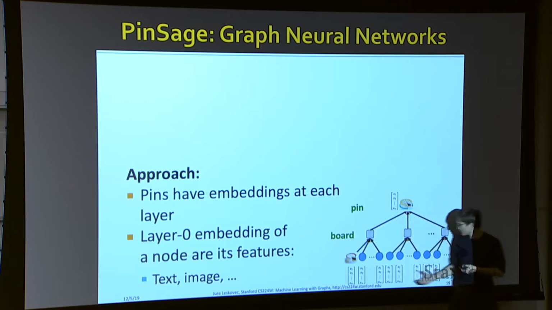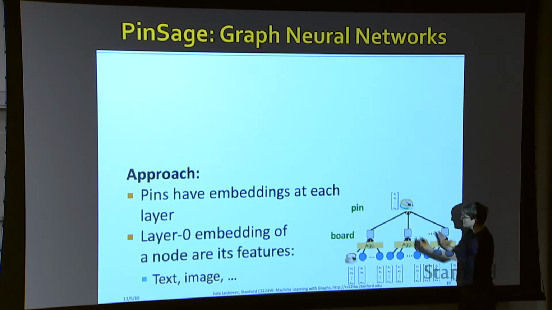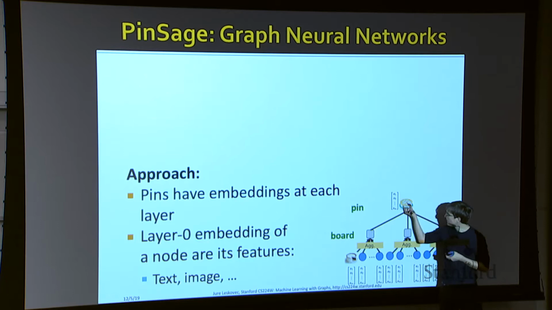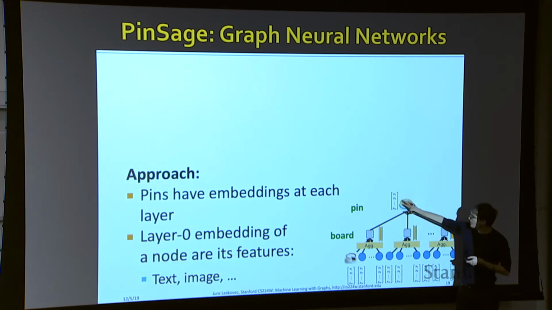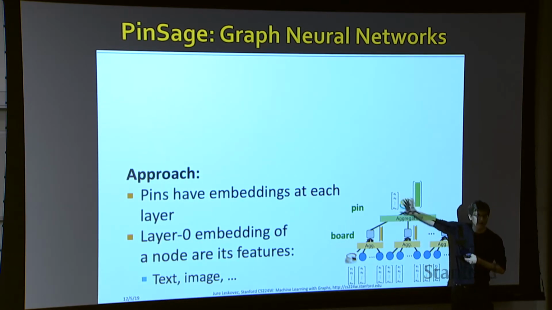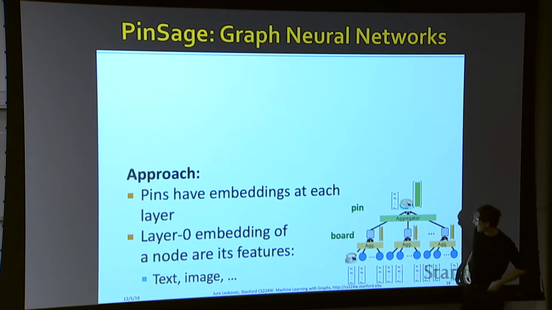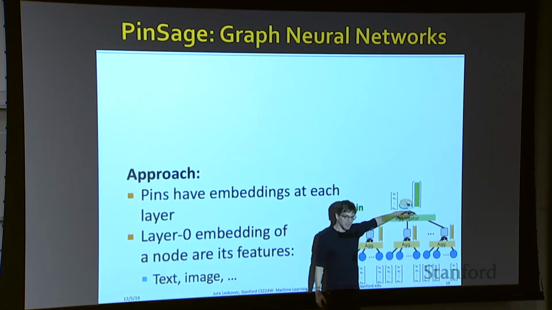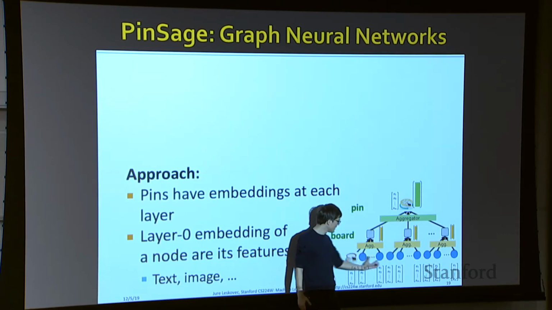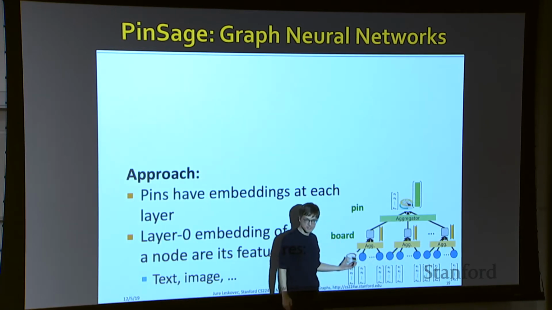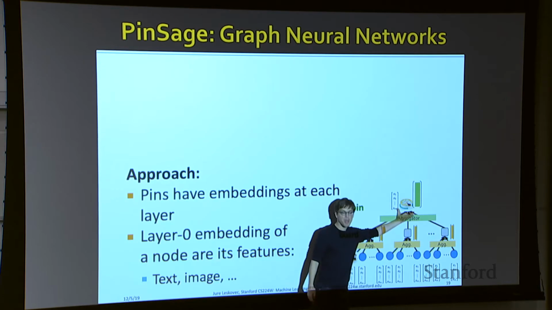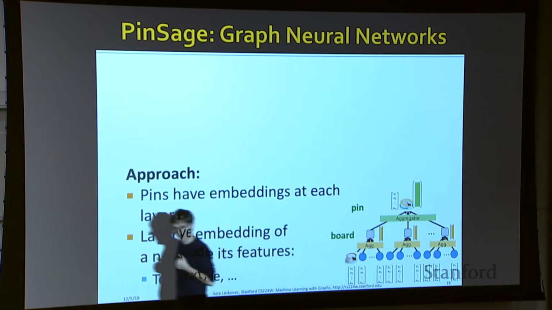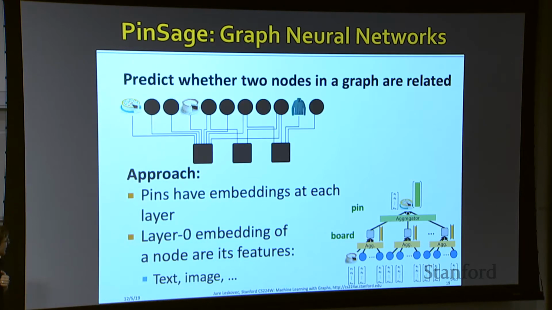And then I will learn how to aggregate this information, combine it with the last target pin to come up with the final embedding for a given pin. And the point is that this will be better than just embedding the pin directly, because I'll be able to reuse the information from the neighbors in the network to come up with a better representation of a given pin. That's essentially the idea, right?